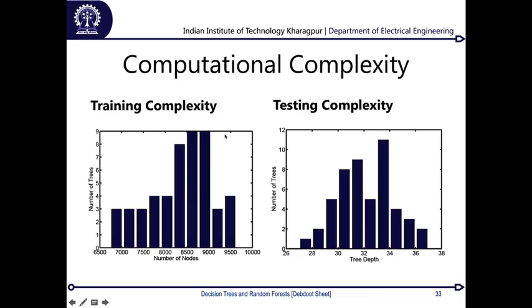So this clearly brings us to a point that we are building up trees which are really sparse, they are not completely dense. We did encapsulate the feature space in a very good way, but we did not need the completely dense tree in order to encapsulate the feature space. So you would see that training complexity, which is obviously dependent on the number of nodes I am going to grow, is always much larger than the testing complexity.